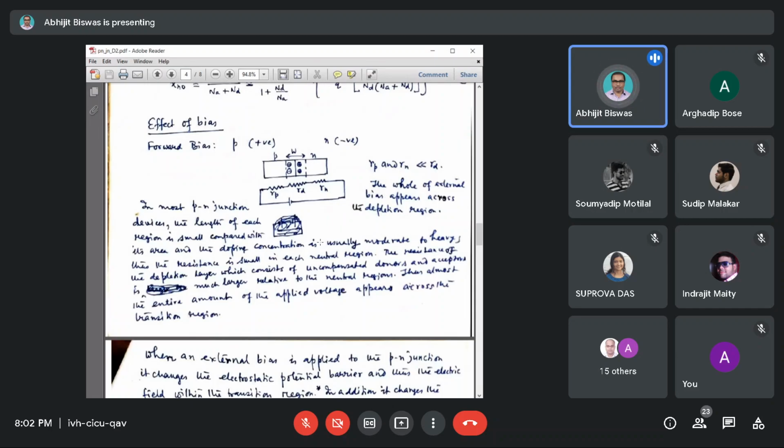The positive terminal is connected to Rp, Rd, and Rn, all connected in series with the battery. As you know, Rp and Rn are much less compared to Rd. So you can assume that the entire bias will appear across Rd, that means across the depletion region. Whatever bias you are applying to the device, almost the entire portion will appear across the depletion region.